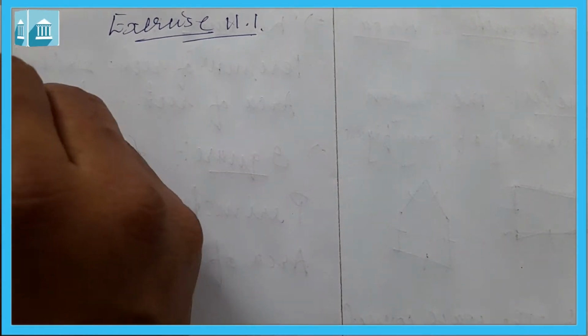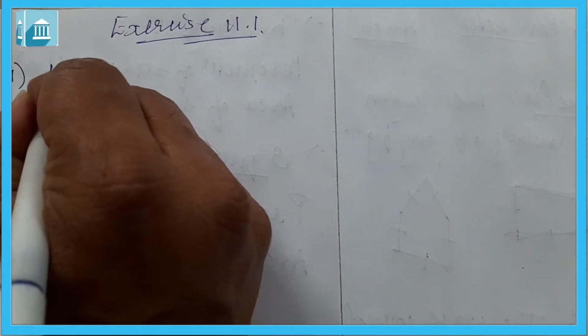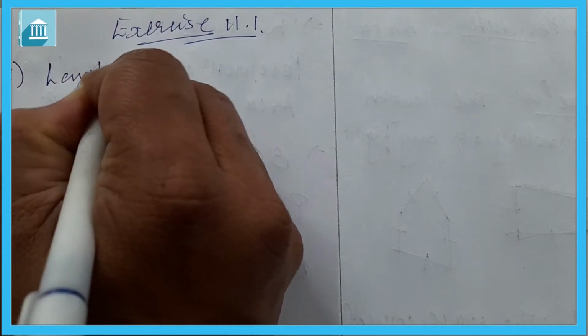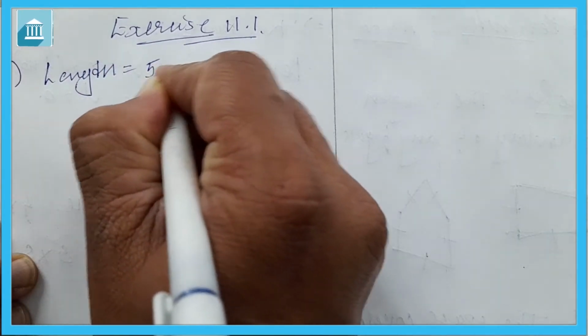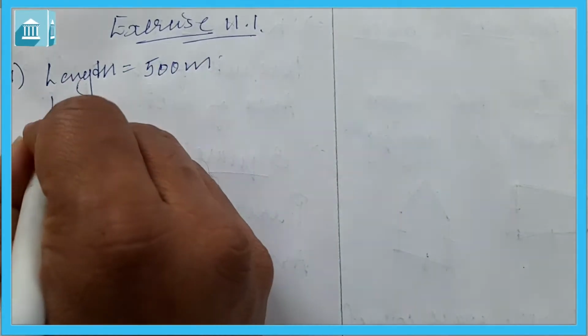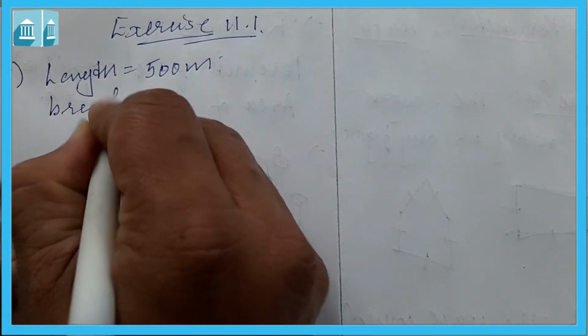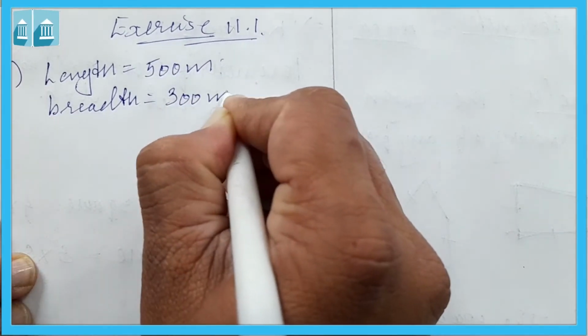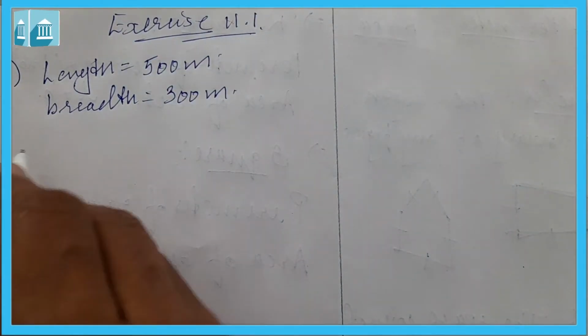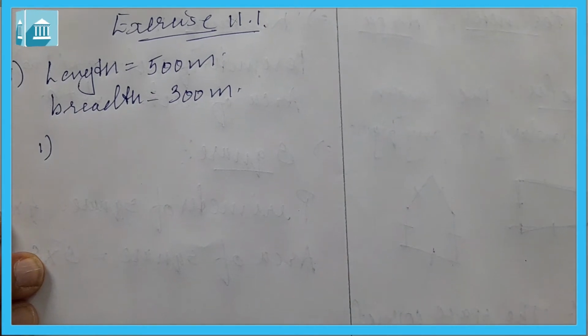First we have to see, it is given: length is equal to 500 meter, breadth is 300 meter. First we have to find its area.